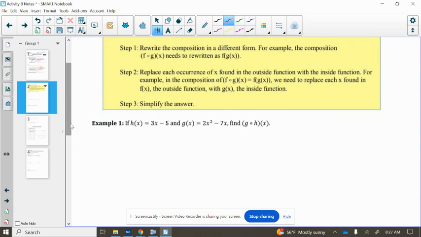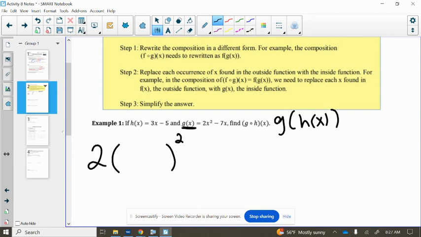Okay, so this time we are being asked in our first example to find g of h of x. So essentially we are plugging the h of x function into function g. So g of x is our outer function, right? This guy is our outer function. So we have 2, and then we're going to be plugging in a function for x squared, and then minus 7 times that function for x as well.